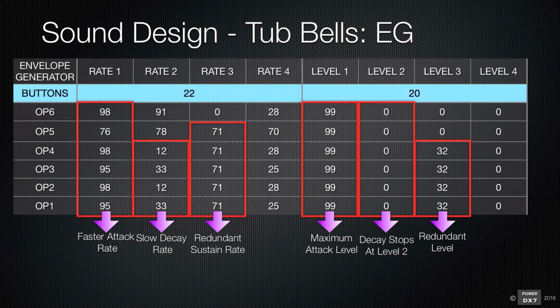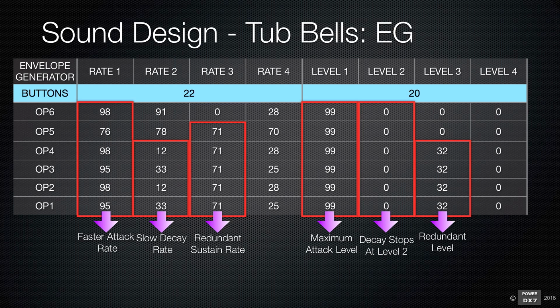Let's go over how envelopes are used for all operators. We know that the tube bells has a faster attack rate, which reaches the maximum at level 1. For operators 1, 2, 3, and 4, they have the bell inharmonic tone, which has slow decay.